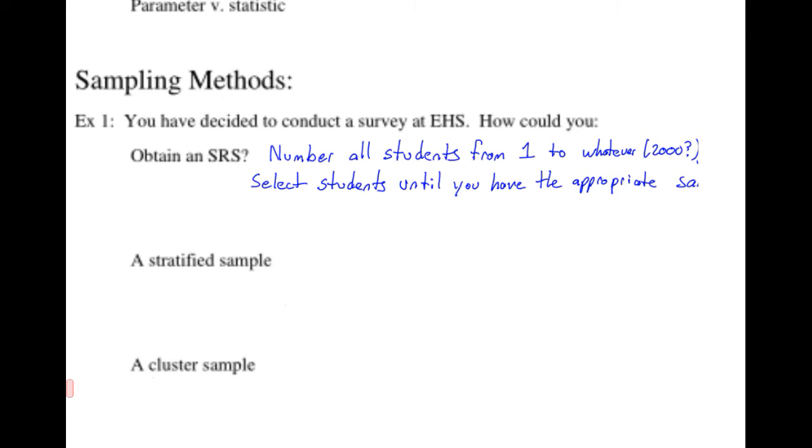Girls and boys have different heights on average, so we're going to stratify with sex being the strata. I would group each person by their sex, and then randomly select from each one. We're not picking everyone. Let's say about 50% of the population is women and 50% men. So out of our 2,000, we'd expect about 1,000 boys and 1,000 girls. We'll have one group of 1,000 girls and a group of 1,000 boys, and then randomly select maybe 50 from each of those strata.